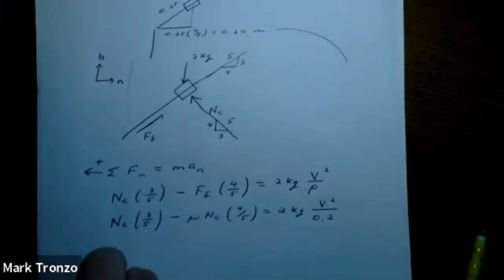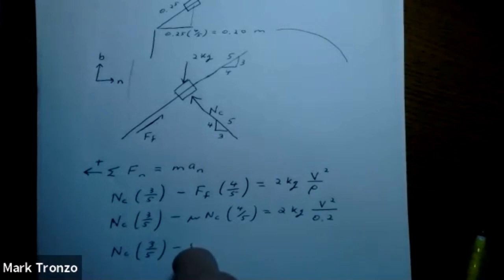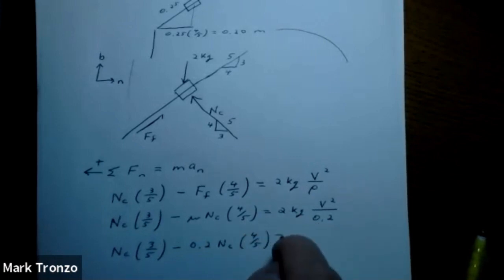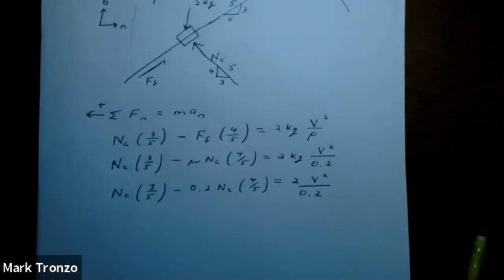Let me go to the next step. Our mu was given as 0.2, and 4/5. Let me take the kilograms off. Velocity squared over 0.2. Is the radius 0.2 or 0.25?